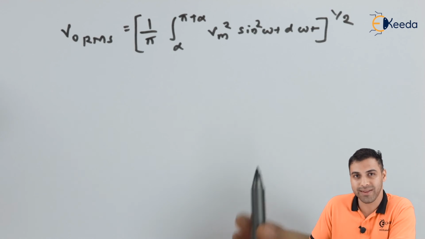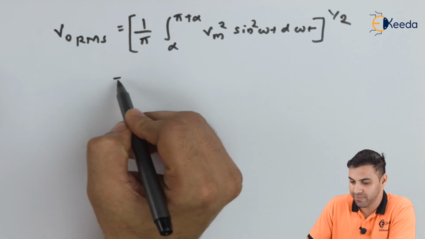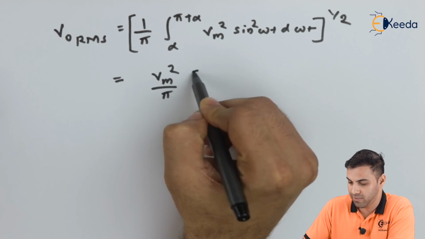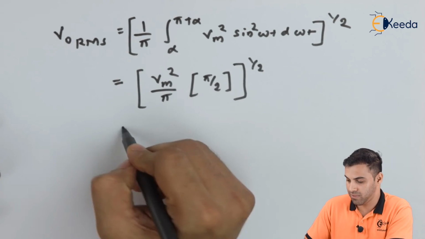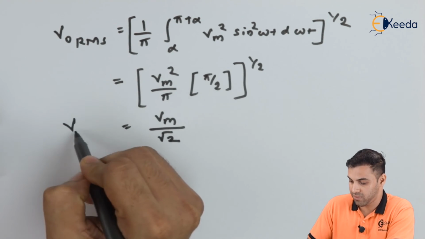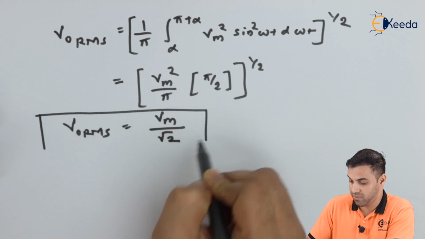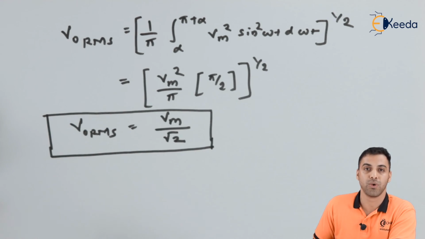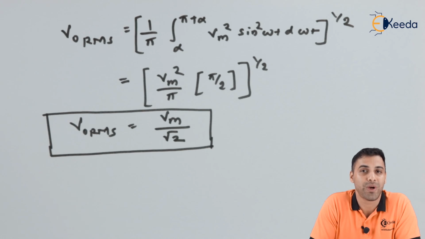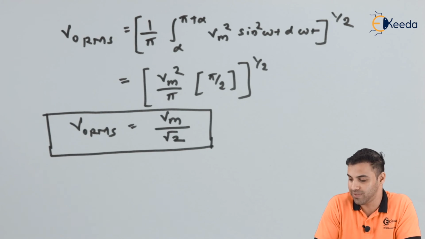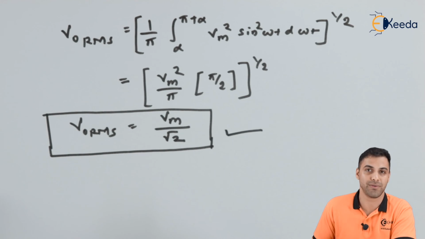If we simplify this further, the final RMS value of the output voltage will be equal to 1 by root 2 times the maximum peak voltage. So this is the final result, friends.